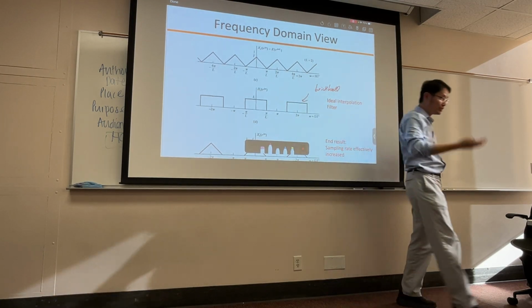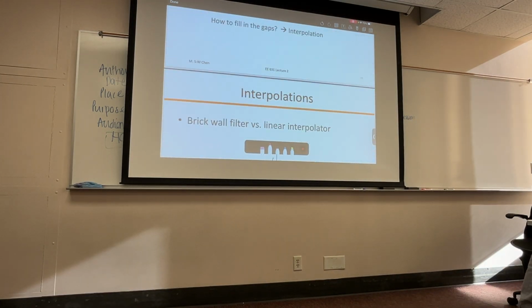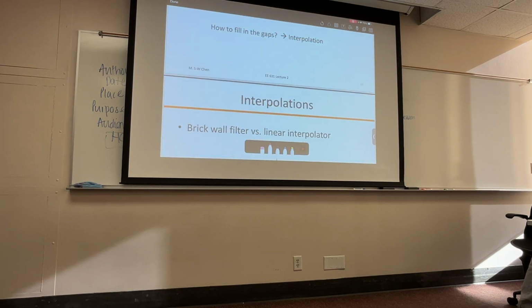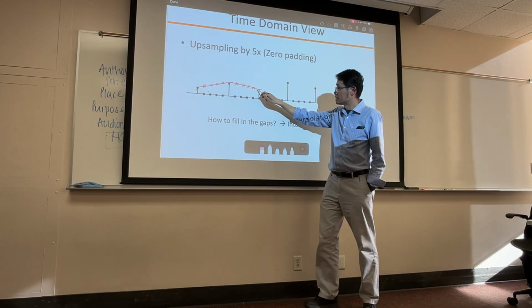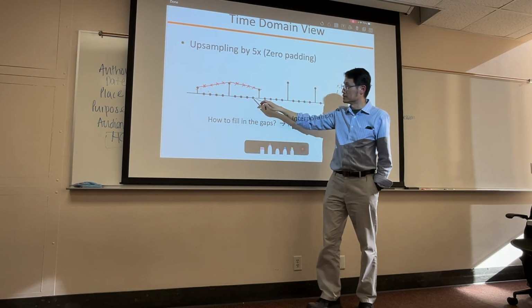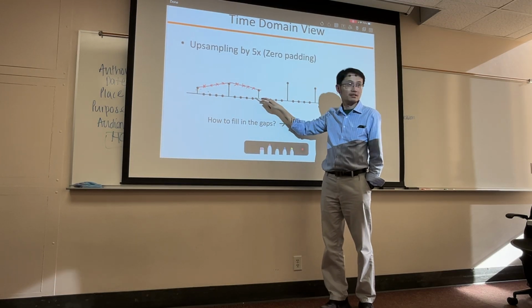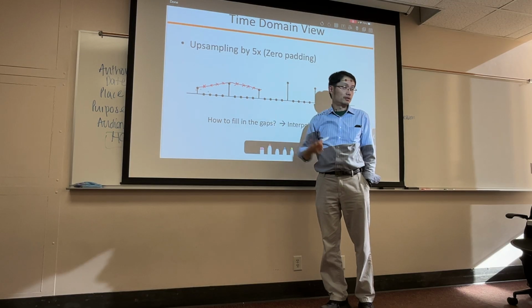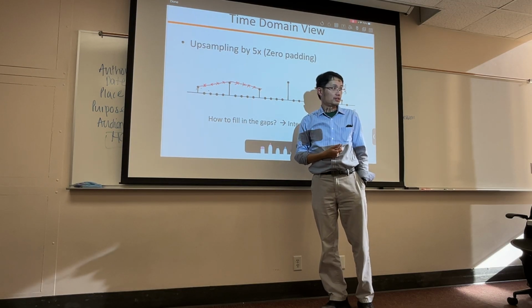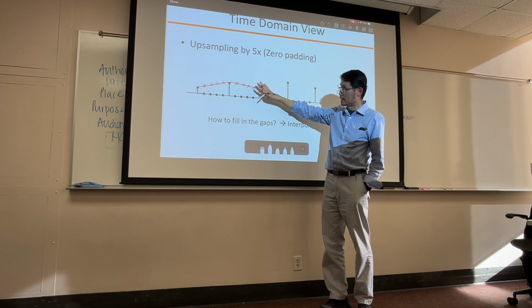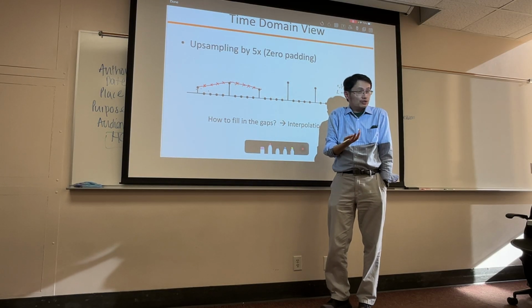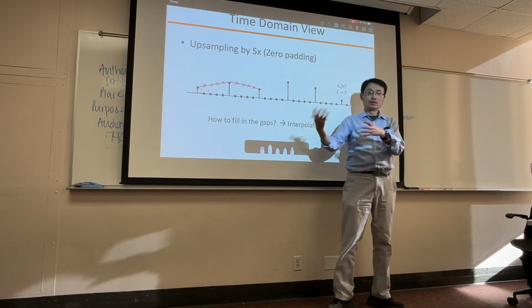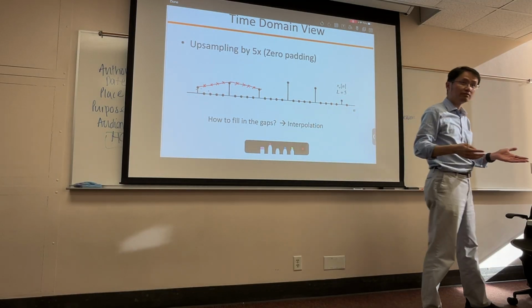So even visually, do you agree that if I interpolate like this red line, the signal will be closer to the original continuous-time analog signal? Even though it's not perfect, you still attenuate the unwanted spectrum in between. So it still helps.